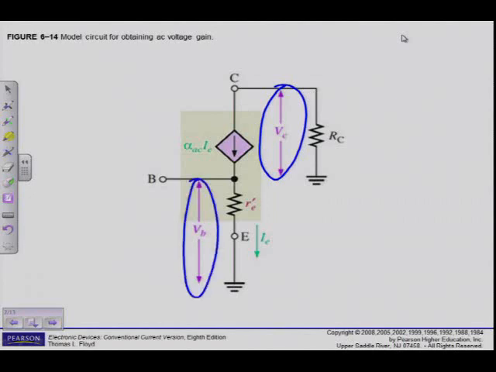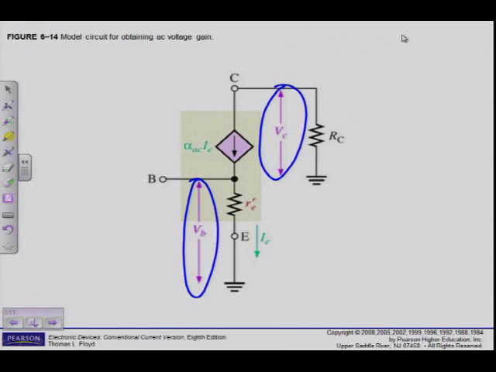If you follow me in your textbooks, voltage gain is V out over V in. Remember, voltage gain is the ratio of the output voltage over the input voltage. I want to see how many times I amplify the input signal, which is VC over VB.